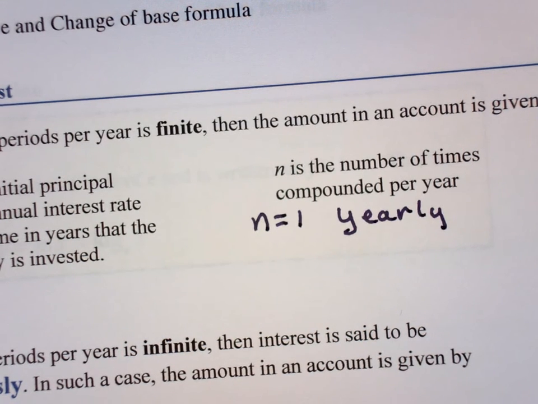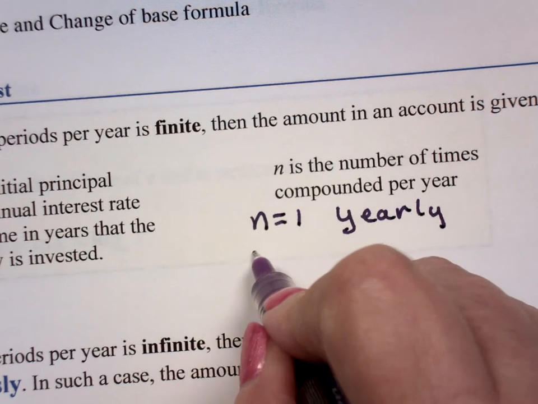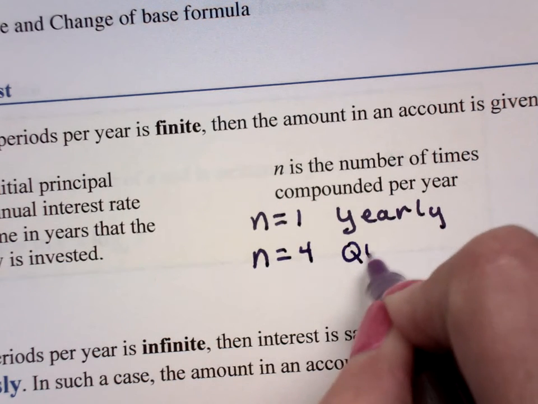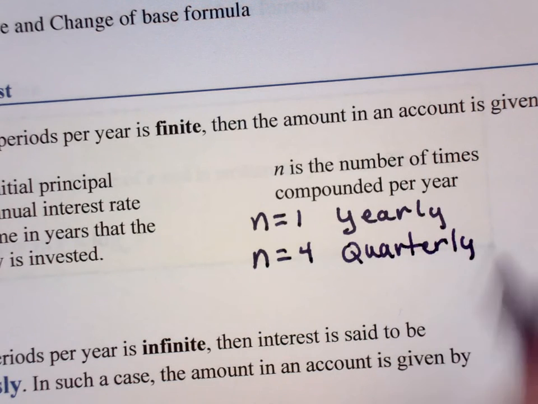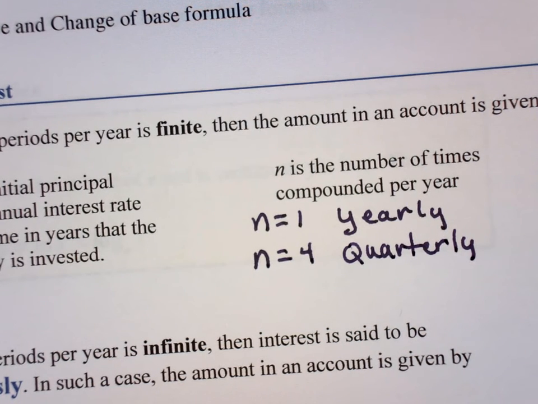And then it won't stop again till the next year. What you run into more is this guy, n equal 4. This is quarterly. A lot of investments, a lot of retirement accounts operate quarterly. That's 4 times a year. It stops, puts interest in, and then the clock starts running again.